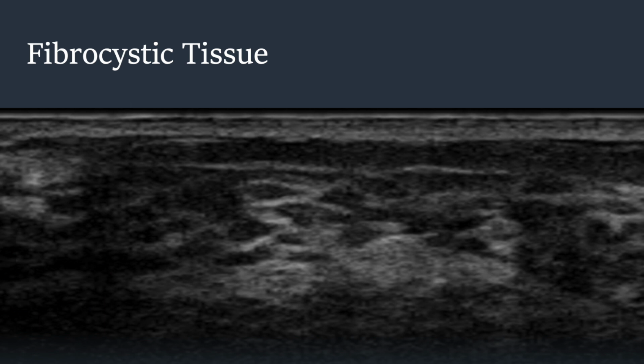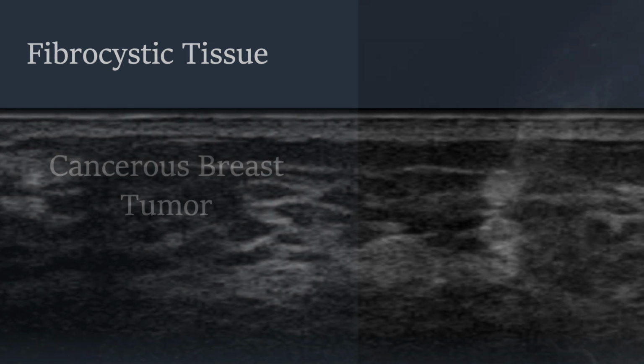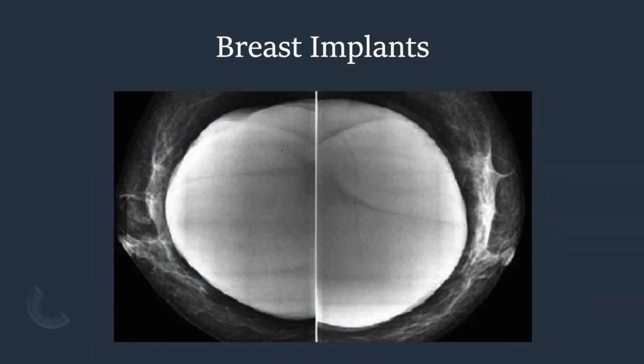This image is showing us fibrocystic tissue. On this image, we can visualize a cancerous breast tumor, which is literally right there, clearly visible. And on this one, breast implants are visualized.